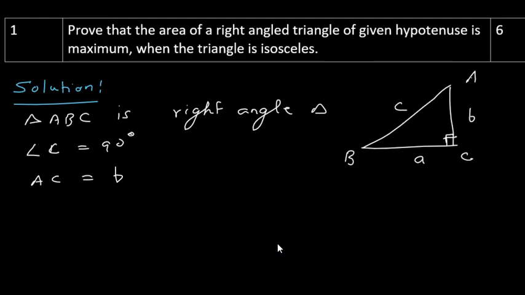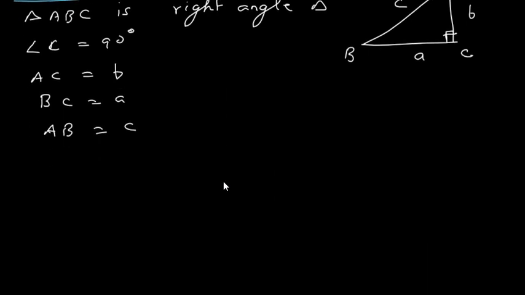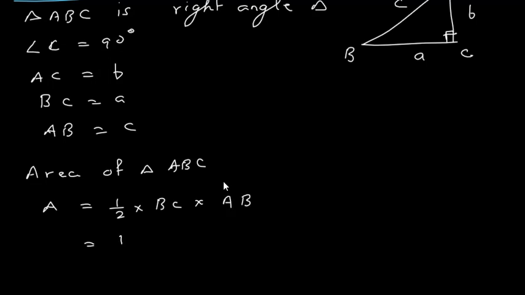AC is equal to B and BC is equal to A and AB is equal to C. Area of triangle, so area of triangle ABC we write as A equal to half into base, which is BC, into height, which is AB, is equal to half into the value of BC, which is A, and the value of AB, which is B.